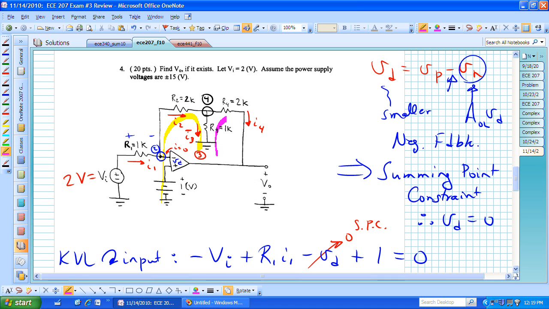Suppose we start here and go that way with a KVL, and we'll call that at the output. So let's do a KVL at the output. We're going to then go in this direction through R sub 3, but when we go in that direction, we're going opposite to the positive direction that we've indicated for I sub 3 bar, and we'll have to account for that in our sign.